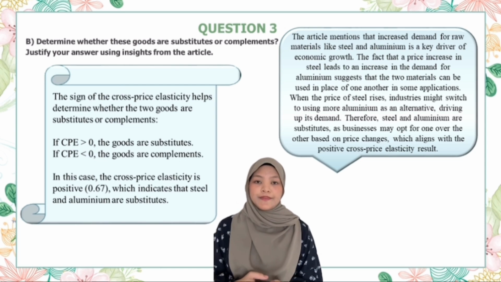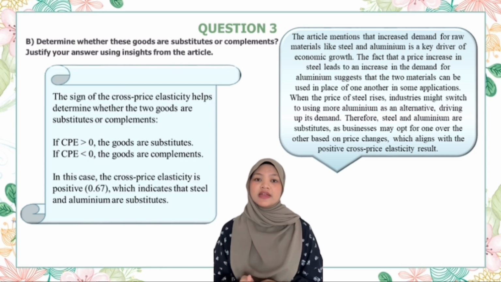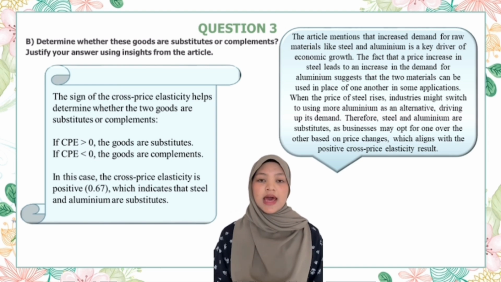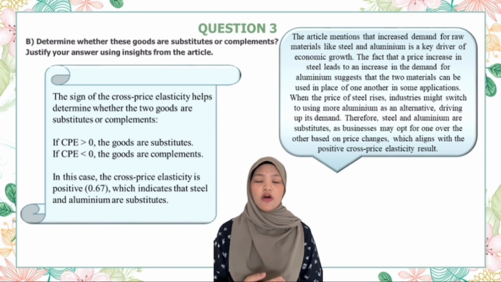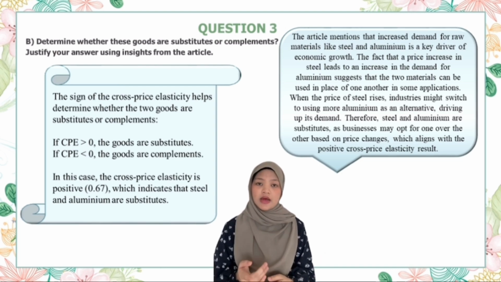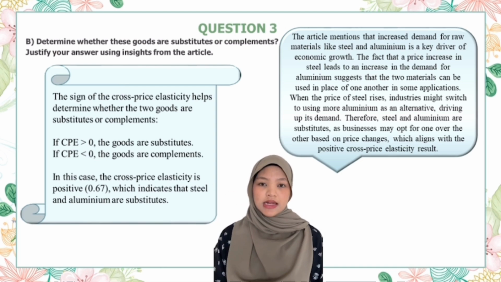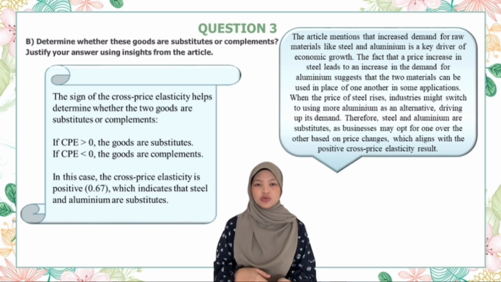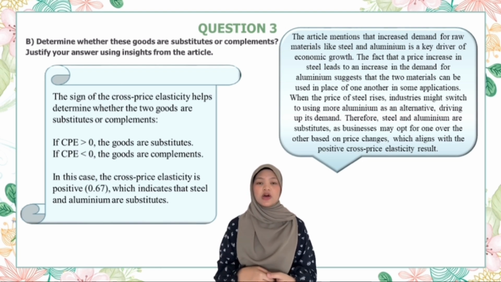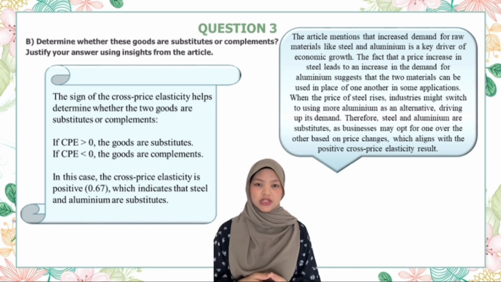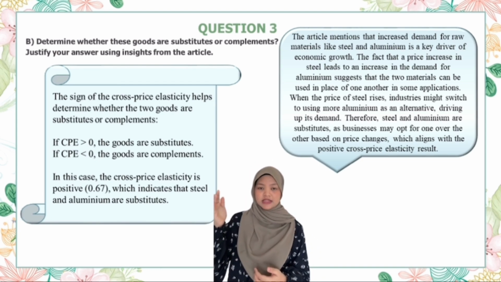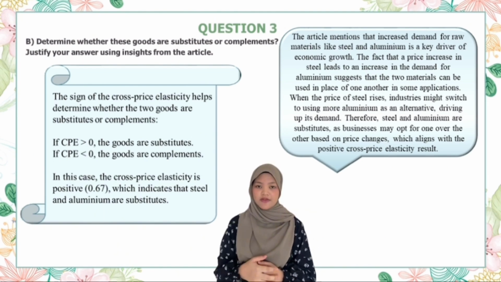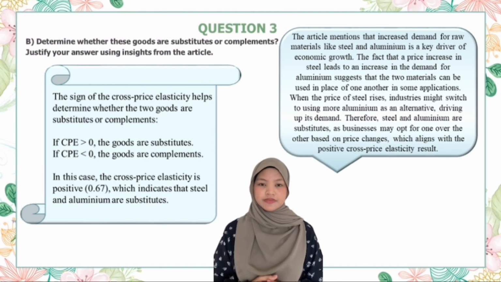So the article mentions that increased demand for raw materials like steel and aluminium is a key driver of economic growth. The fact that a price increase in steel leads to an increase in the demand for aluminium suggests that the two materials can be used in place of one another in some applications. So when the price of steel rises, industries might switch to using more aluminium as an alternative, driving up its demand.